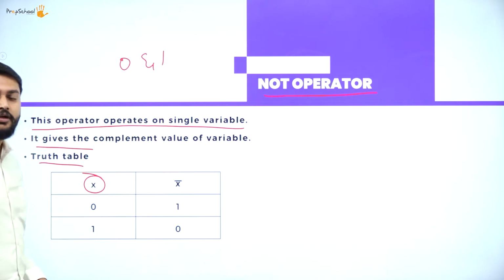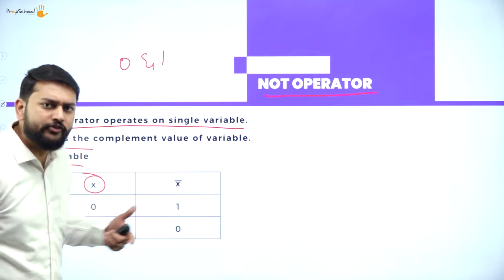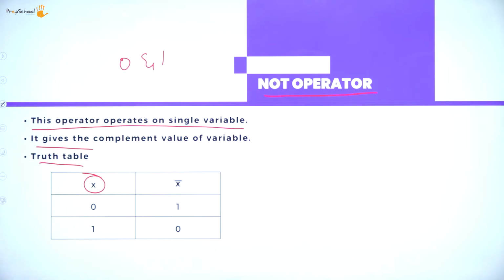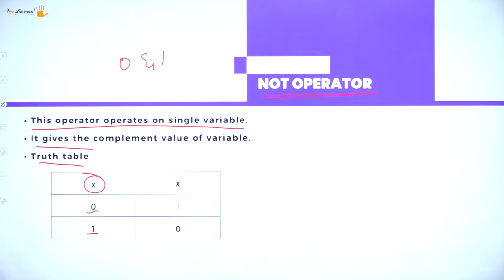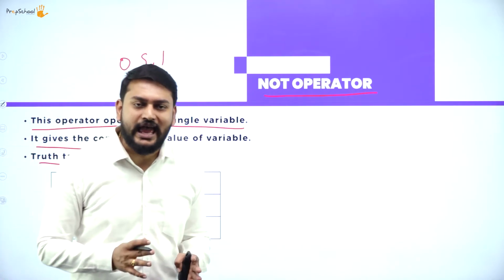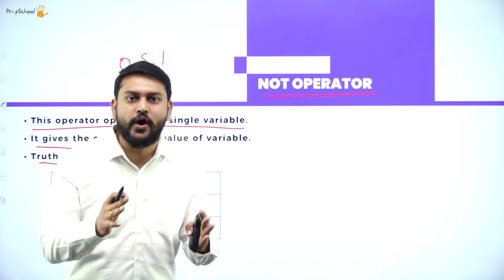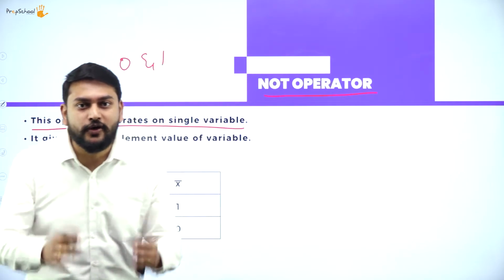I'll just move out of the frame and explain this table for all of you. So please listen to me. I have 0 and I have 1. I need to know what exactly will happen to the 0 and 1 when I pass them as input to the NOT gate.